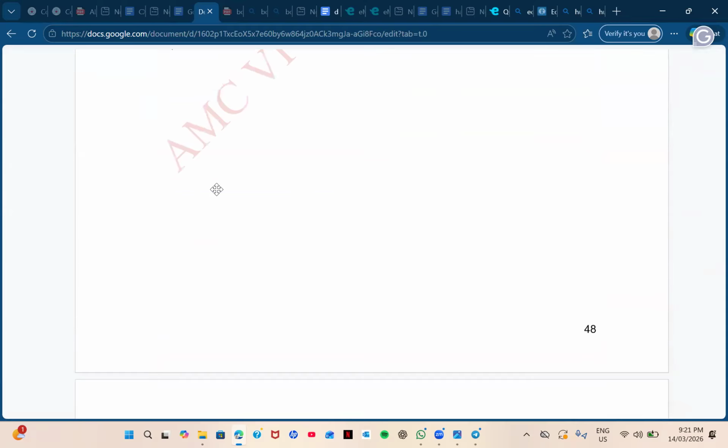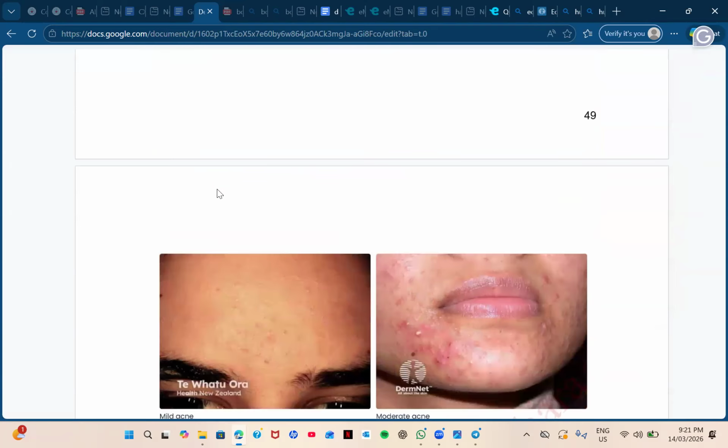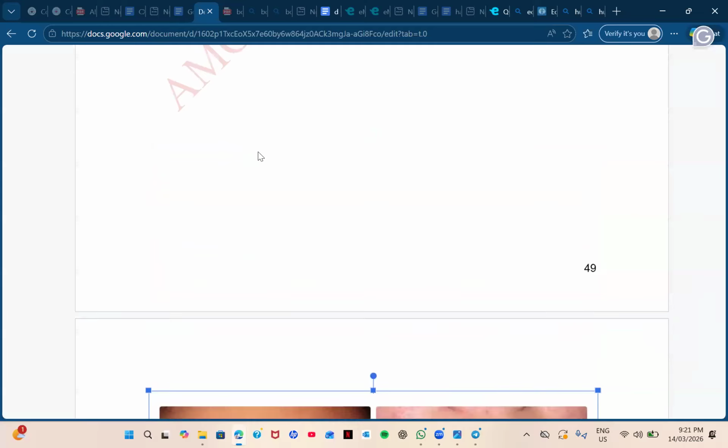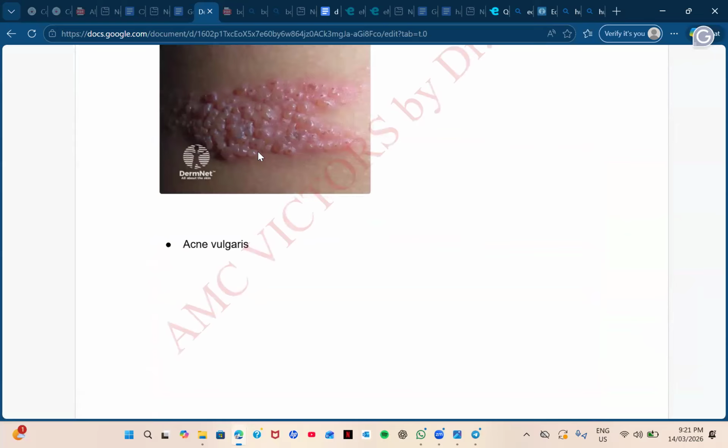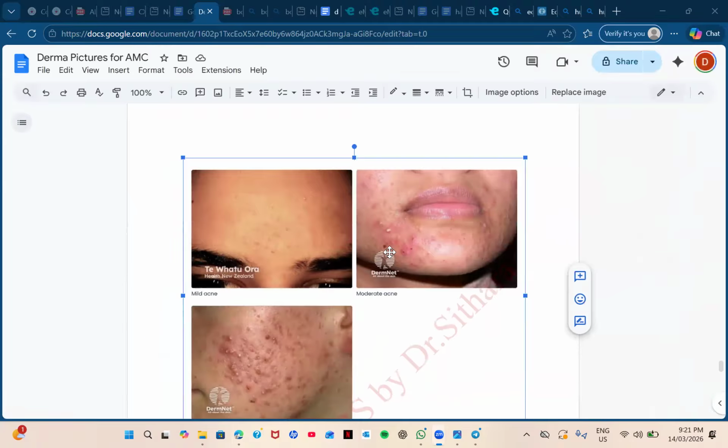So now tell me, what do you know about acne vulgaris? How does it present? We all know about acne, right?